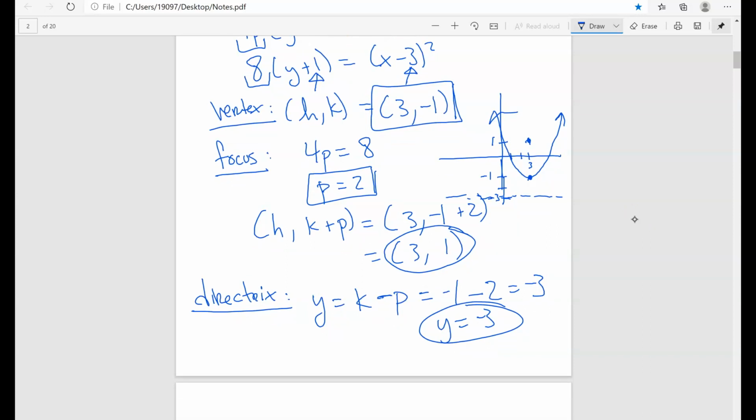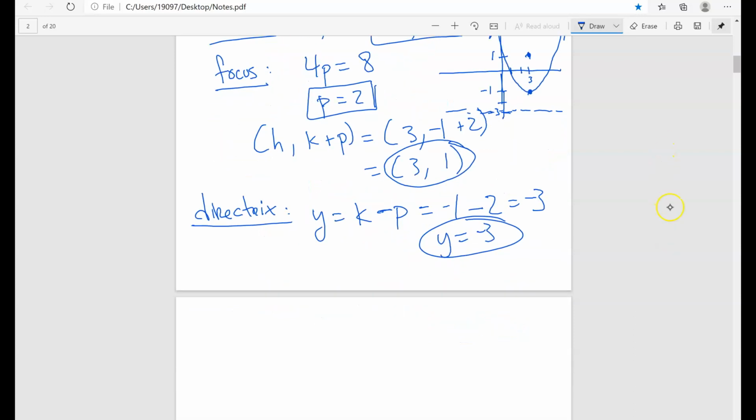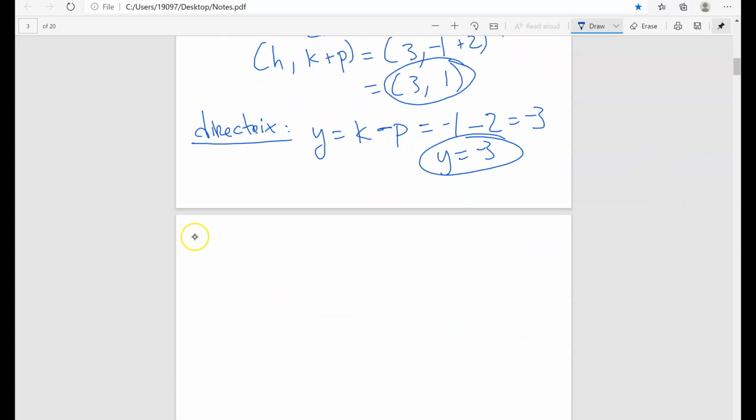Okay. So now let's do 2 more problems. So let's say for this particular problem, we want to find the center, the vertices, the foci, and asymptotes.